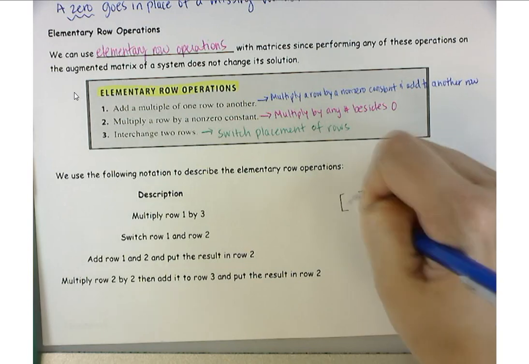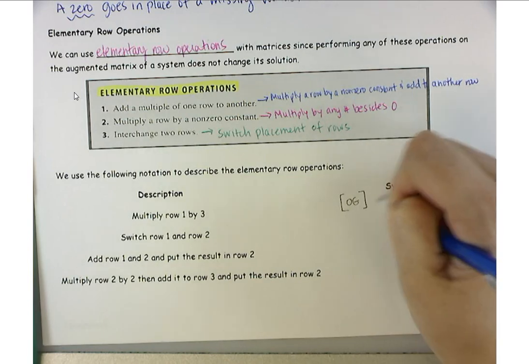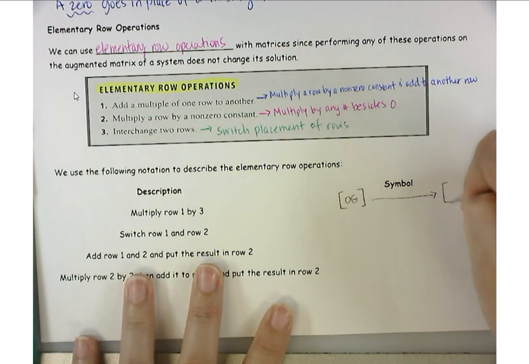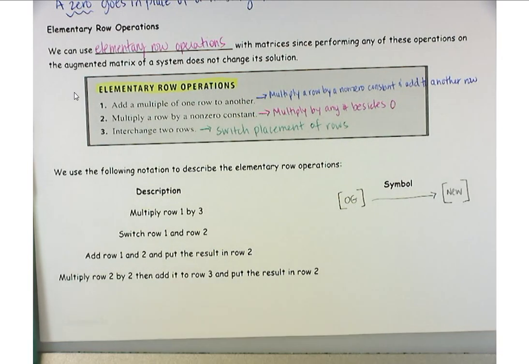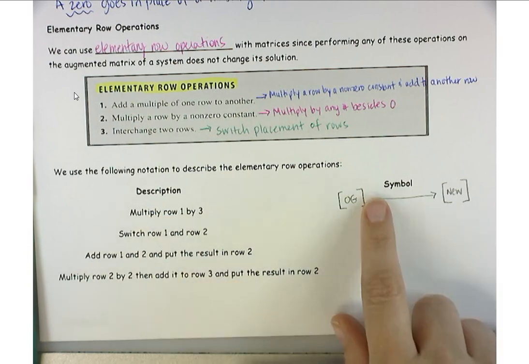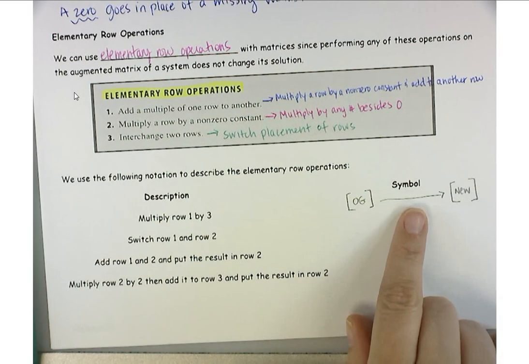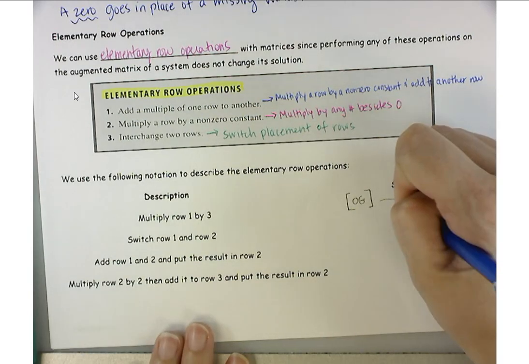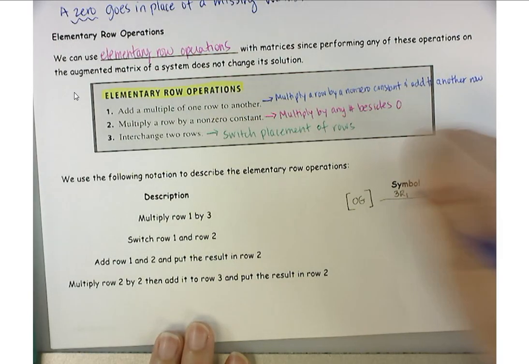We're going to call this the OG matrix, and then we're going to get to a new matrix. To do that, we're going to multiply row 1 by 3. This is how we label that: you draw the arrow, and your symbol is 3 times row 1.